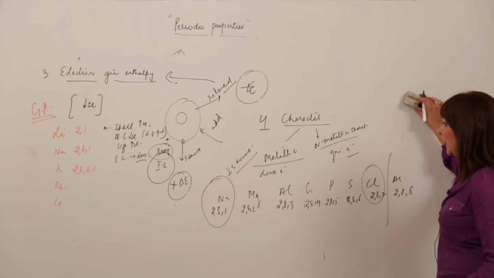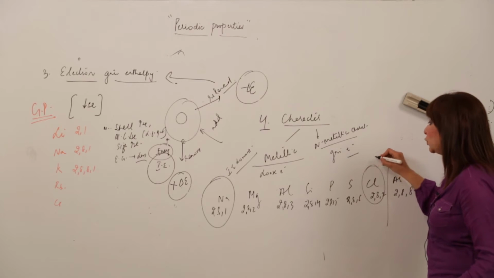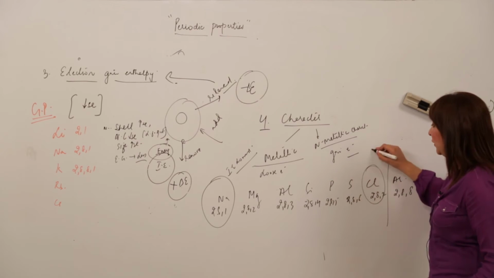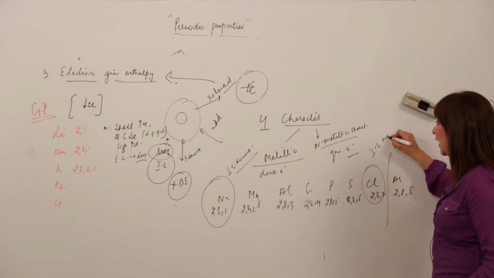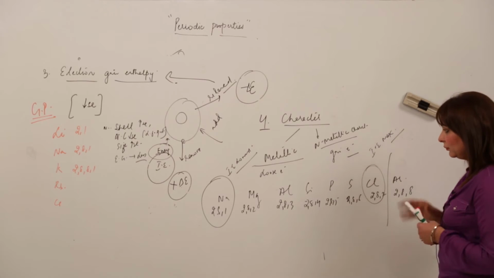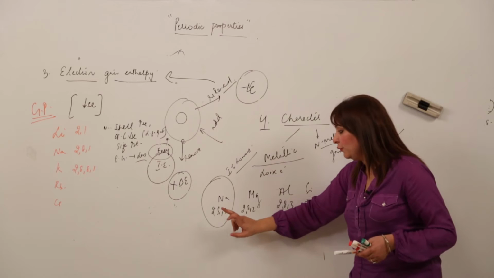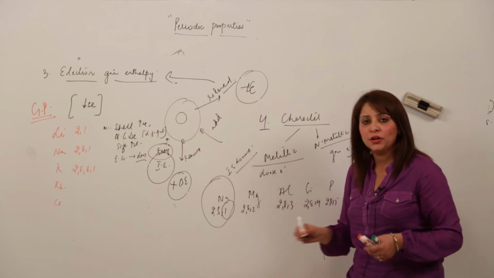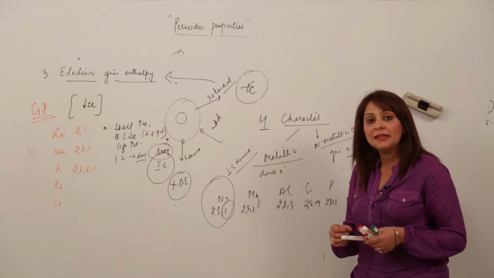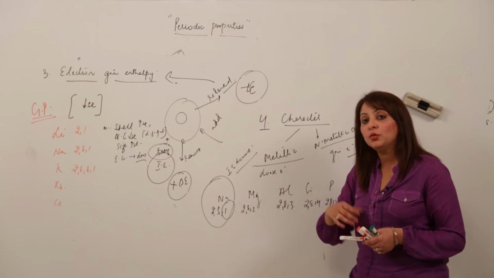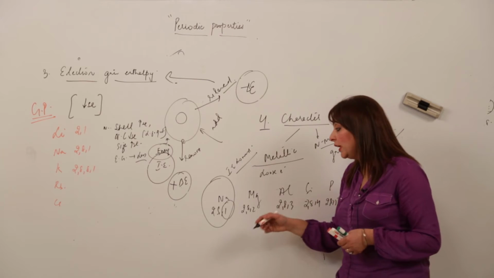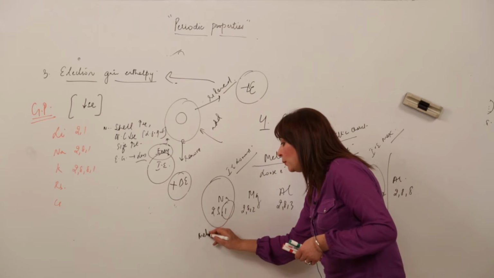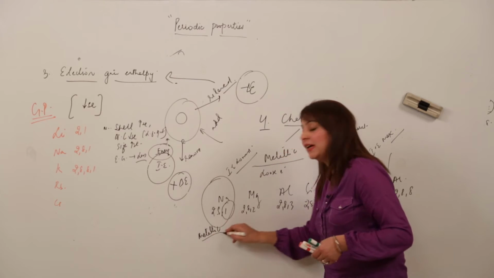Chlorine is the smallest one in this period, and that means it has the maximum ionization energy. If we want to remove this electron, less energy will be required for sodium, and less energy required means it can lose the electron more easily. The more easily the element loses the electron, the more metallic it is. So that means it is metallic.